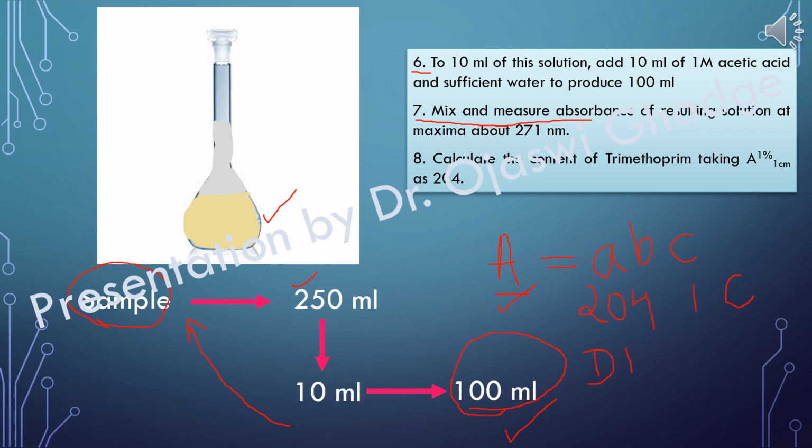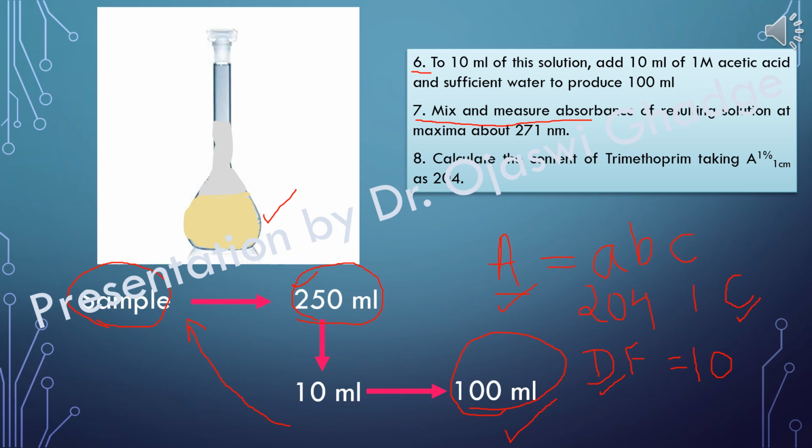As per this dilution, the dilution factor is 100 by 10, that becomes 10. We will multiply the concentration which we have got by the dilution factor. After this multiplication, whatever answer we get is the concentration of trimethoprim in this 250 ml flask, and the unit of that concentration is grams per 100 ml.